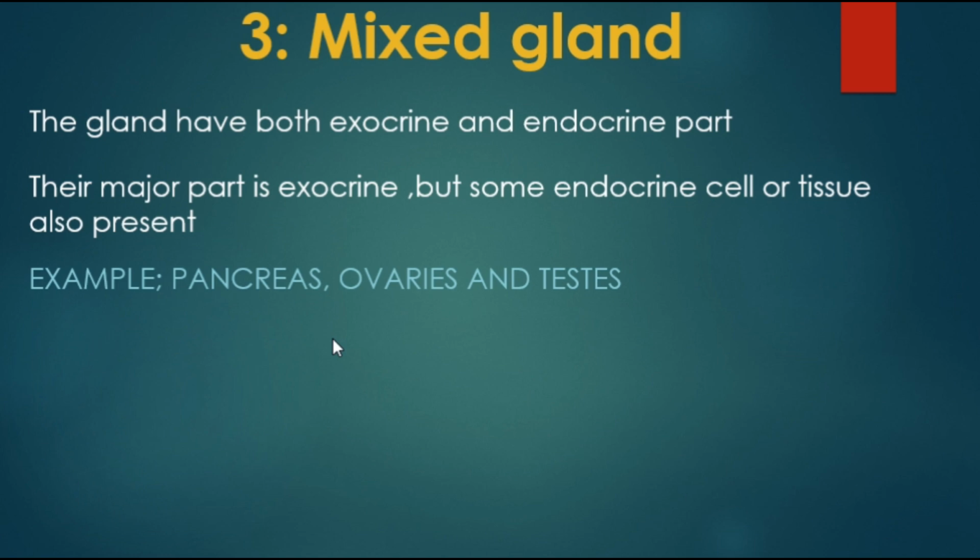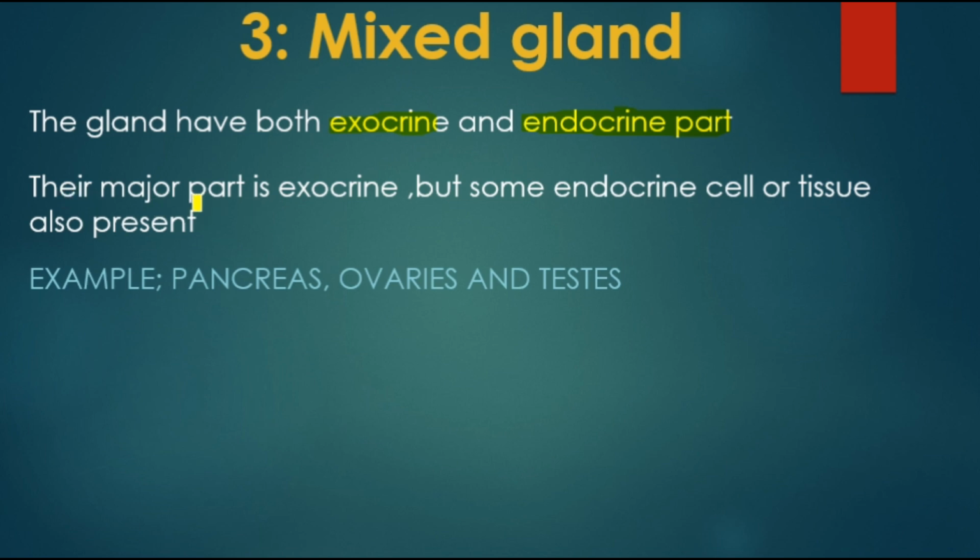Now the third category is the mixed gland. These glands have both an exocrine as well as an endocrine part, meaning ducted and ductless glands are both found here. That's why they are called mixed glands, or you can say heterocrine glands.